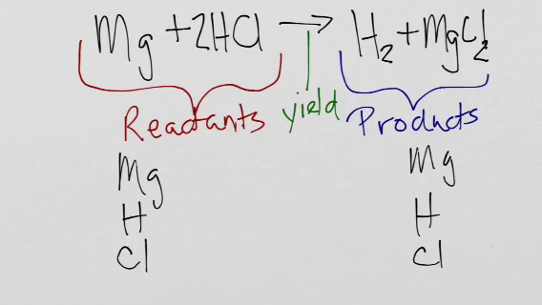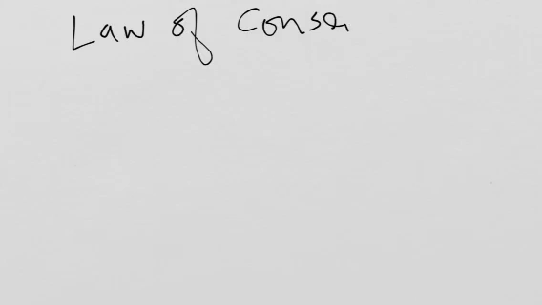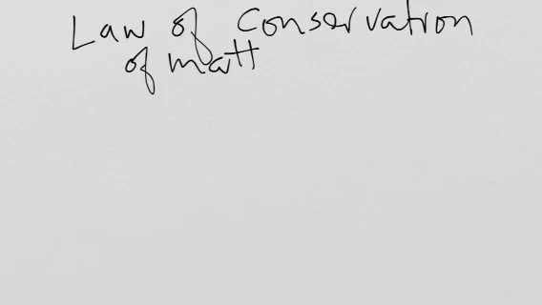Now, there's a reason that the amounts of the elements don't change. Something called the law of conservation of mass, or matter. That law means that you cannot make new material out of material that already exists.